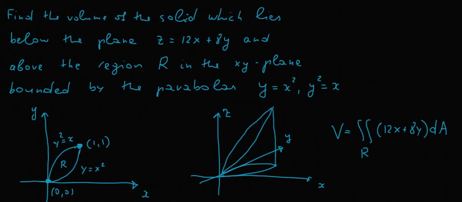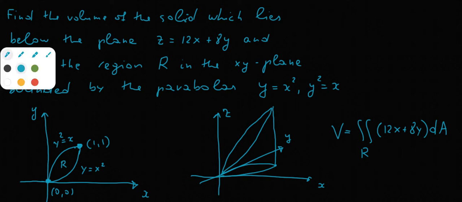How will we calculate this integral? Well, of course we will use iterated integration, and we have a choice of whether to integrate over x first or over y. Doesn't particularly matter in this case.